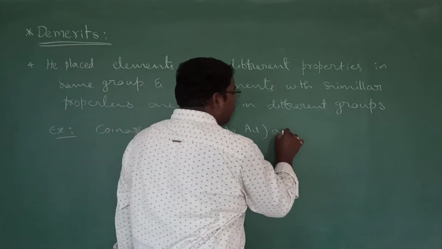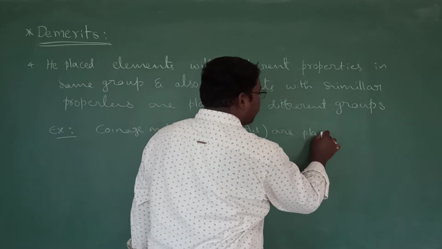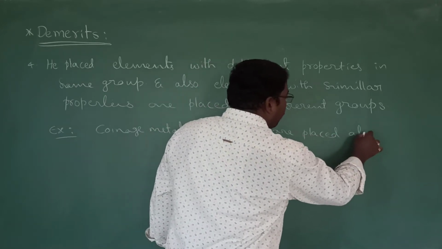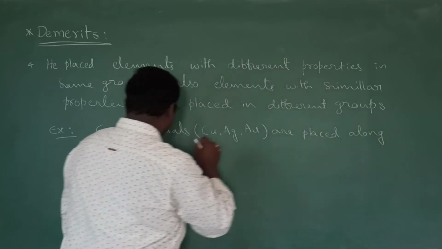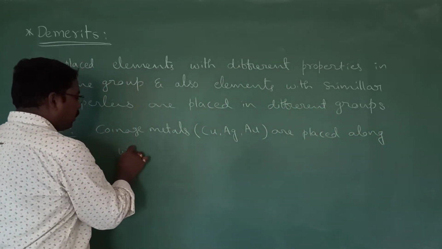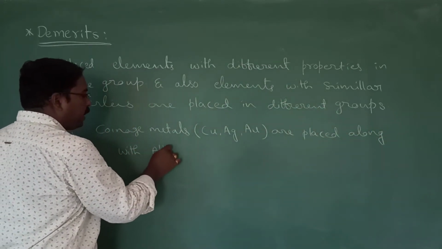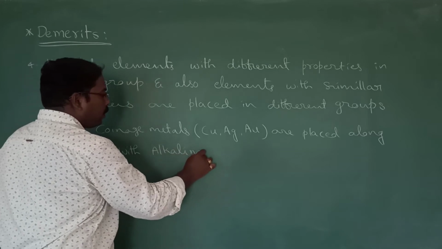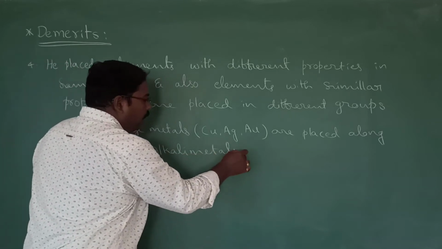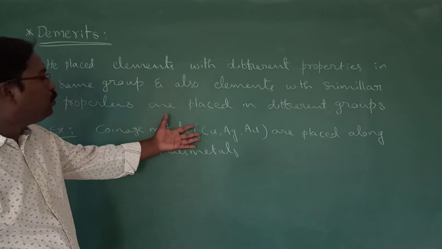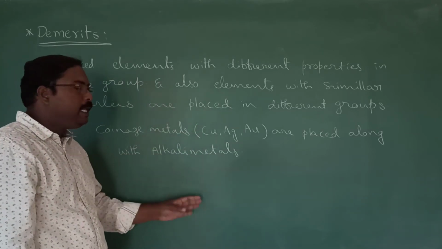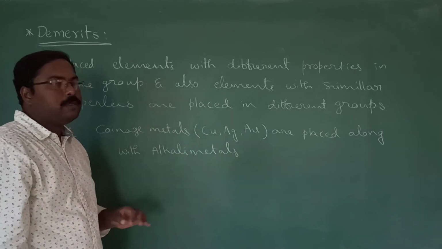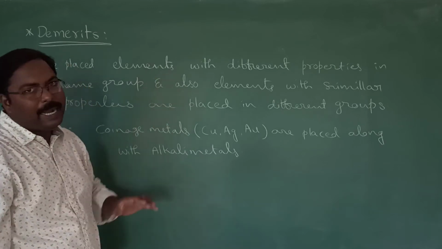Coinage metals are placed along with alkali metals. Okay? But the behavior of these two is different. But he placed them in the same group. So that is the drawback for Mendeleev.